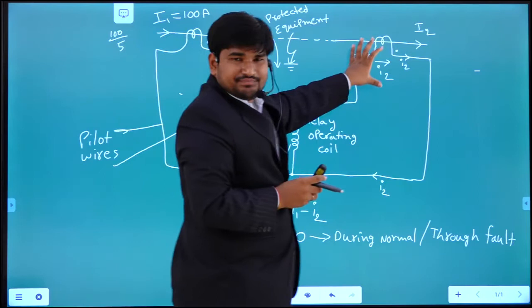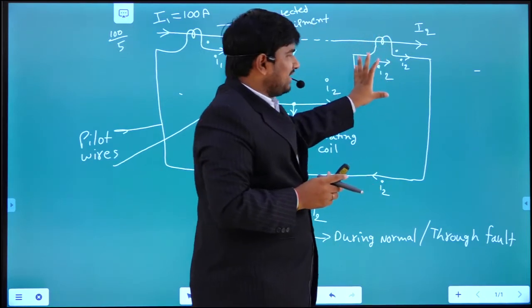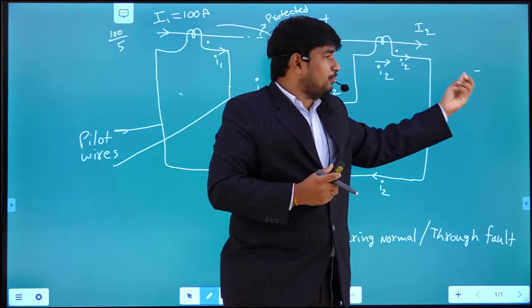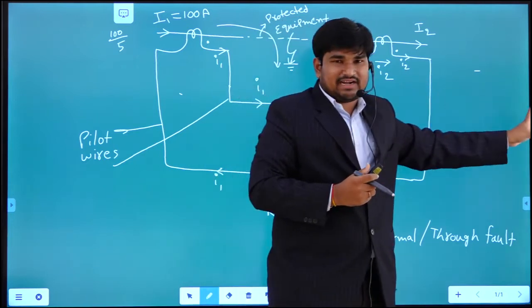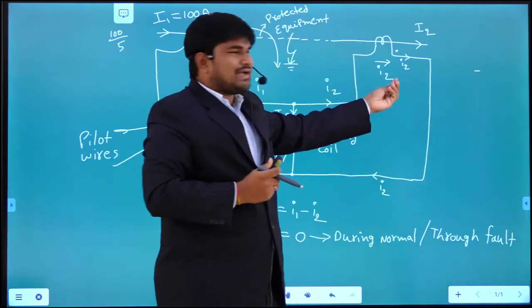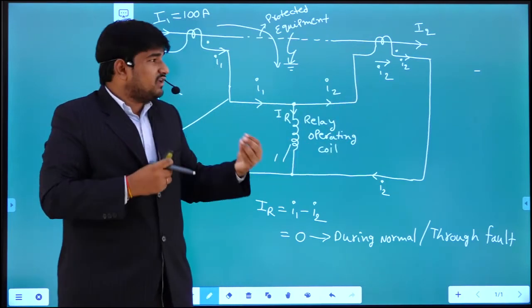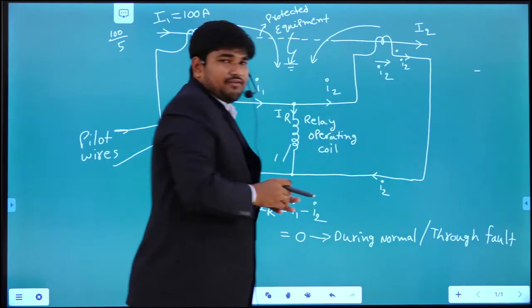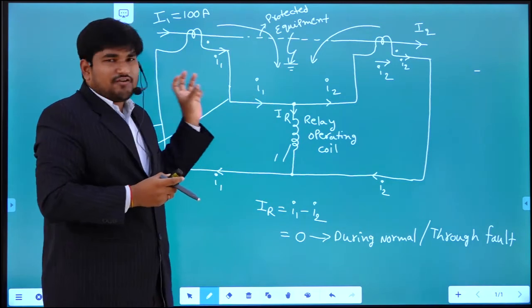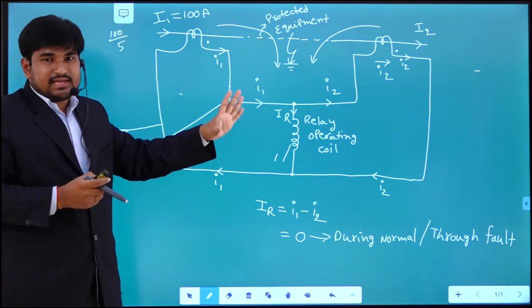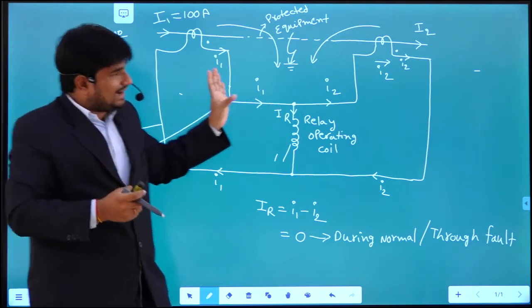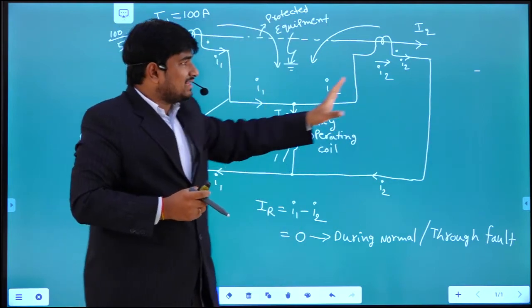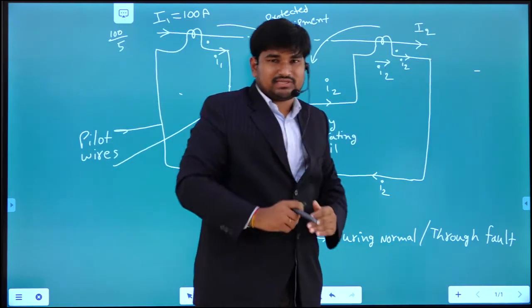And in case of the CT secondary, if there is no generating point or no power system network on the other side, there is no current drawn from the secondary side. If you have any secondary supply, the current will be drawn from the supply and will flow to ground. But in case of a singly fed system, for example, if at the outer side I have only load, in this case the amount of I2 reduces.